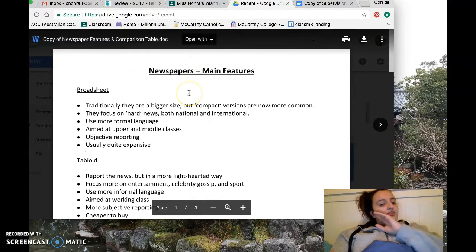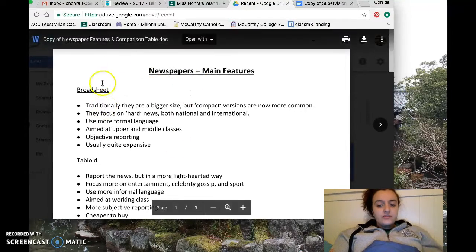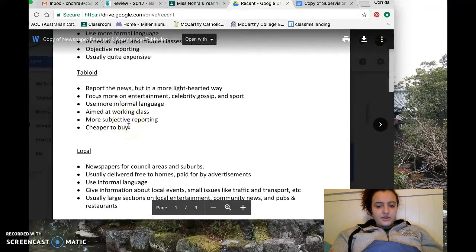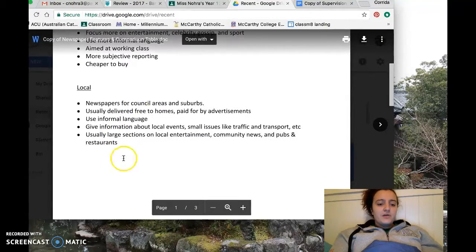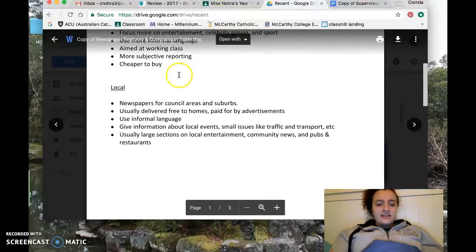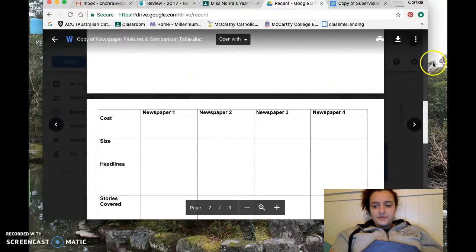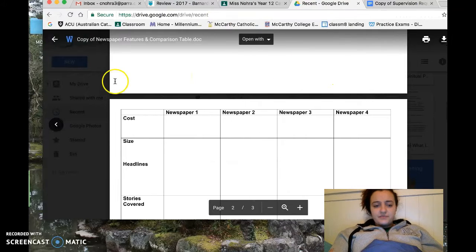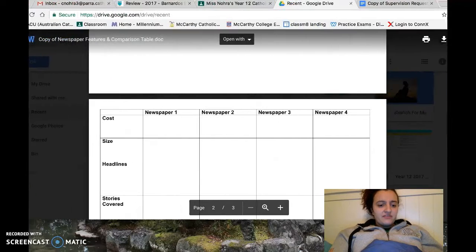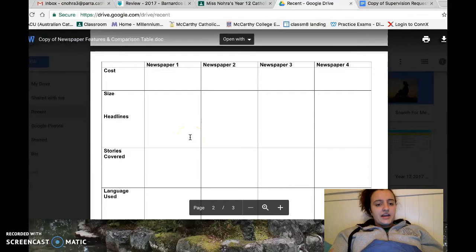So again, you're going to have what makes a broadsheet, what makes a tabloid, and what makes a local paper. Now, the most important part is this: on the back of the sheet, you are going to have this table.